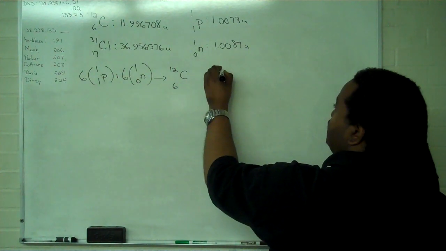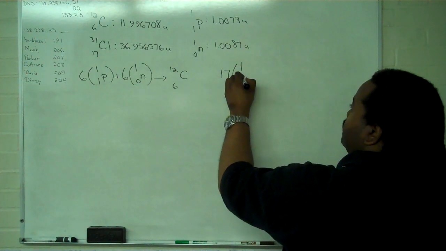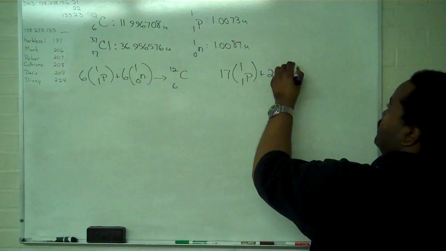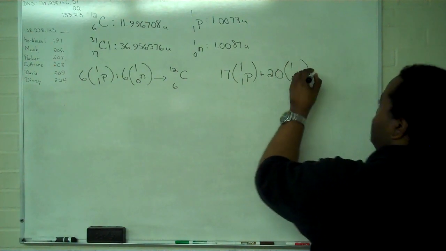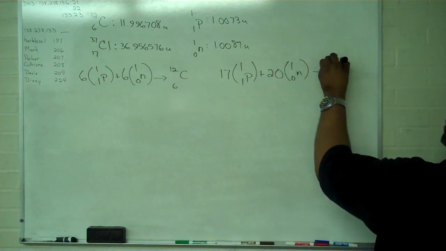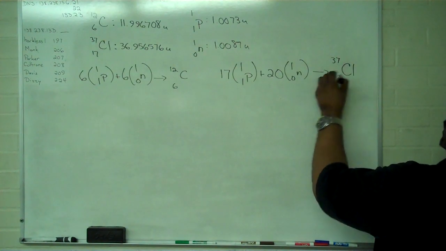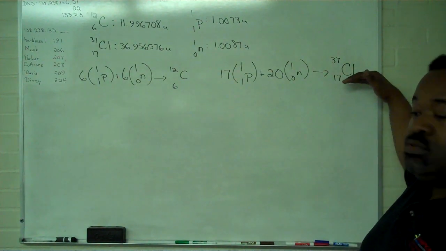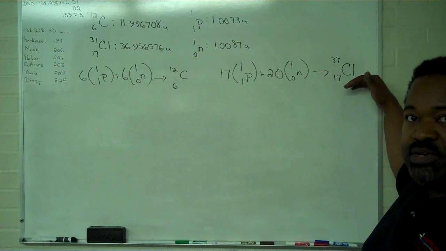So we will take 17 protons plus 20 neutrons, and this will form our chlorine-37. So step 1 then is writing the reactions.